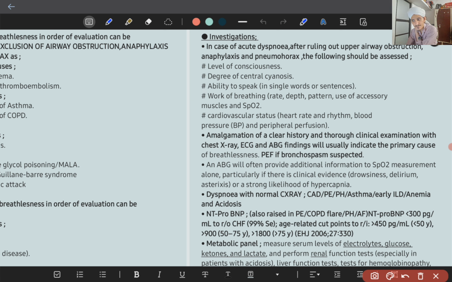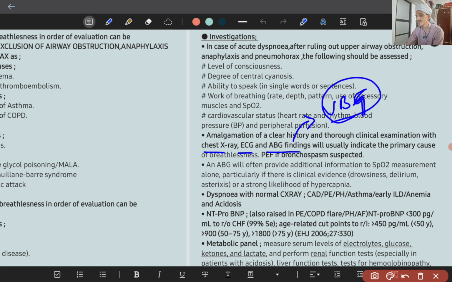Most of the times, clinical history, examination, and chest X-ray, ECG, ABG. Nowadays, VBG is performed because ABG is painful and not everybody can do. So VBG is performed instead of ABG.